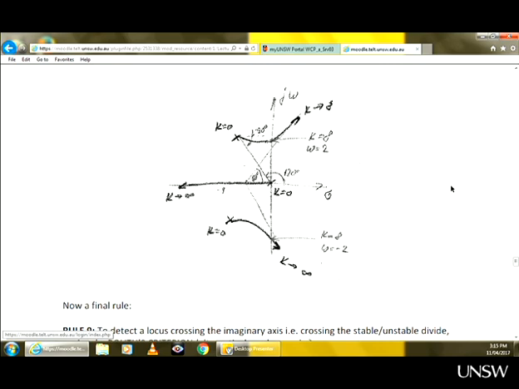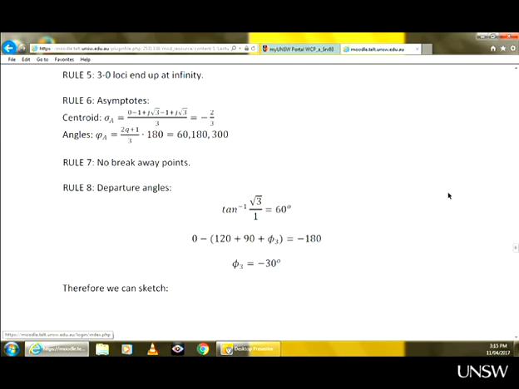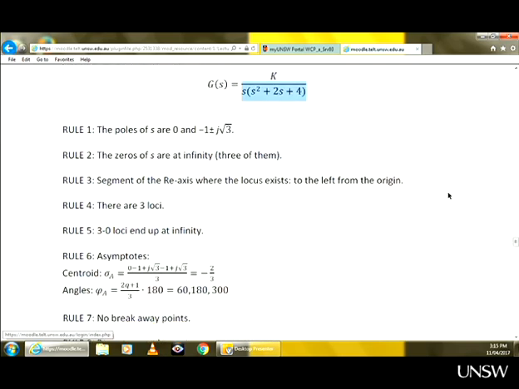This segment has only one singularity on its right, which is this pole here. 1 is an odd number, so the root locus exists all the way from 0 to minus infinity. So this segment does contain root locus. We'll get back a bit later to this drawing. Okay? So that's the segments of the real axis.